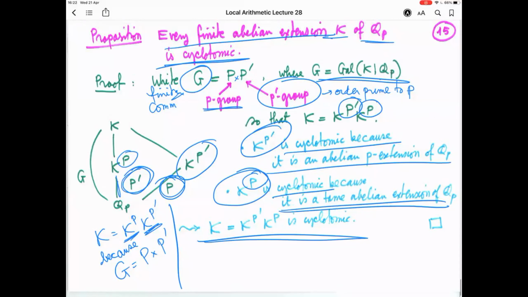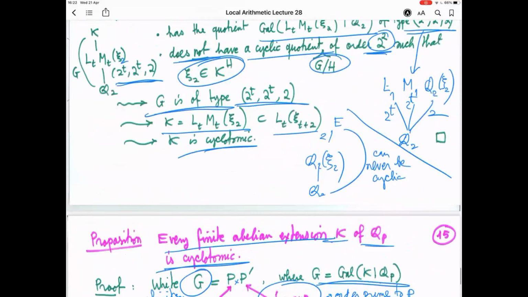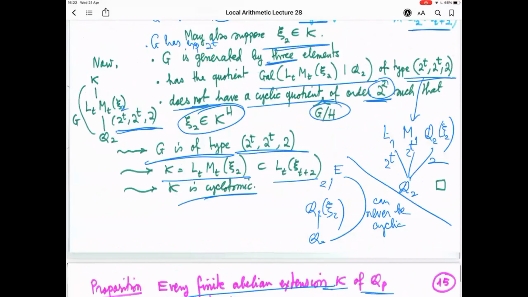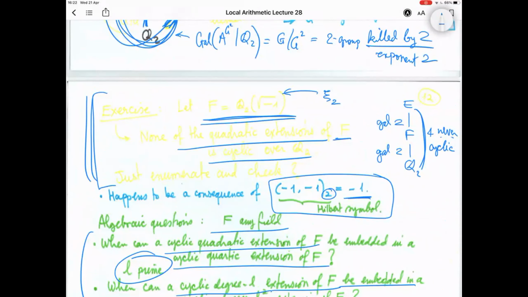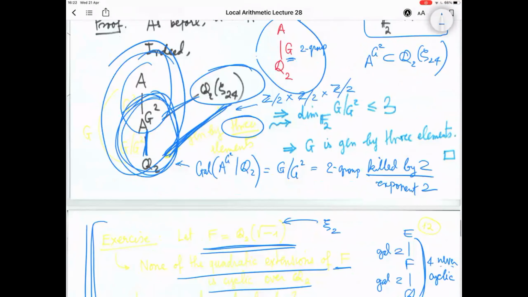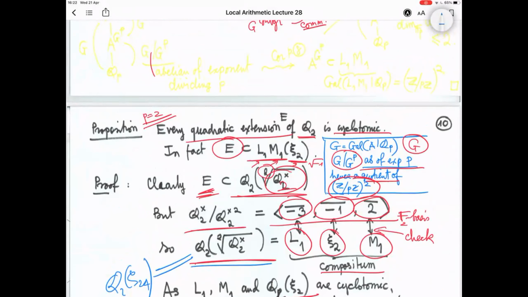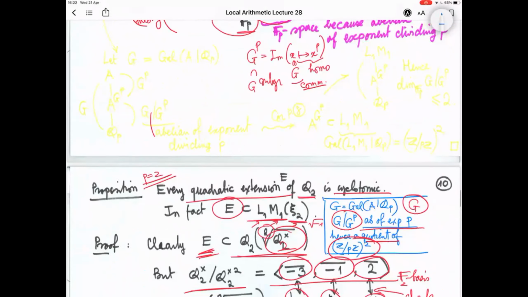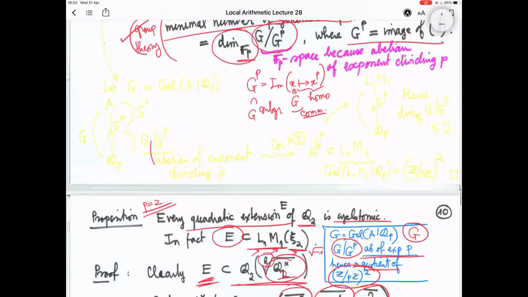Okay, so this finishes my lecture today. I just wanted to emphasize that the proof is really, really nice in the sense that there's no subterfuge, there's no ad hoc things.